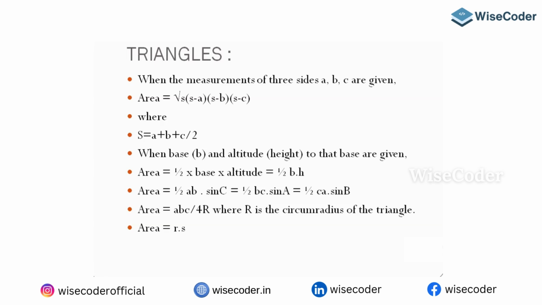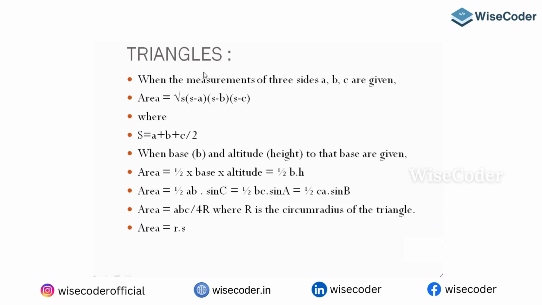So if you want to be good with all the triangle formulas, you should know how to calculate the area of a triangle when the sides are given, when the altitude is given, when the sine is given, and so on. If you know all this, your job will become a cakewalk. And one more thing you need to understand, guys.